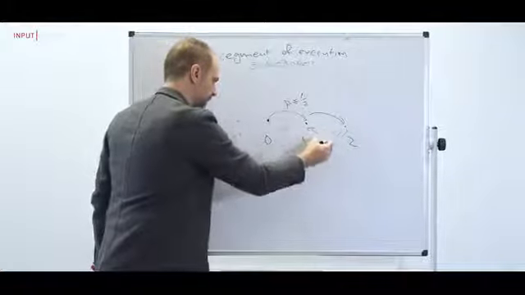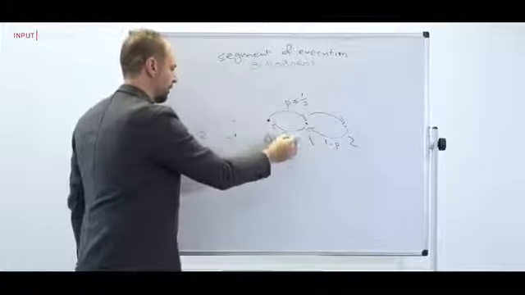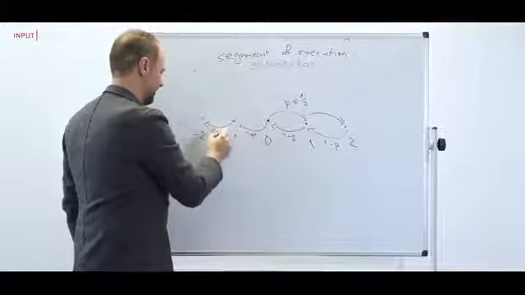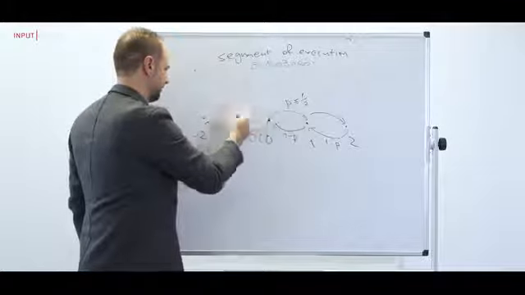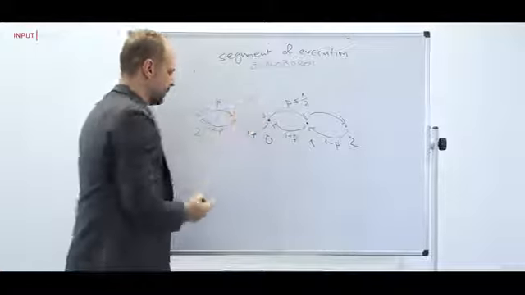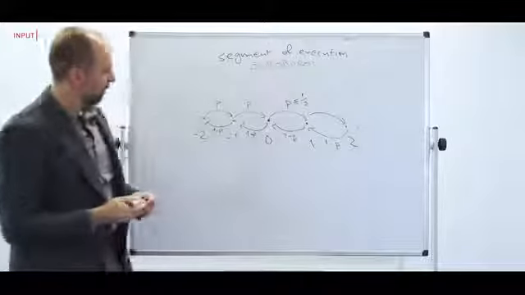Now, with probability 1 minus p, we go backwards. So that's a picture of a one-dimensional random walk.